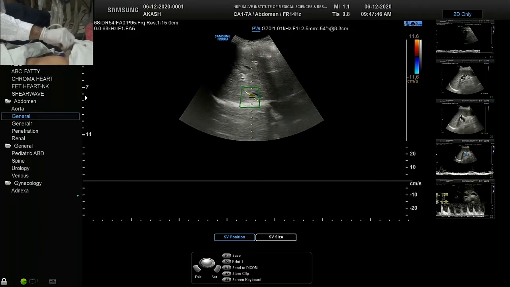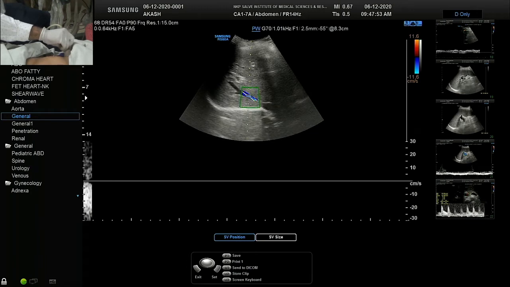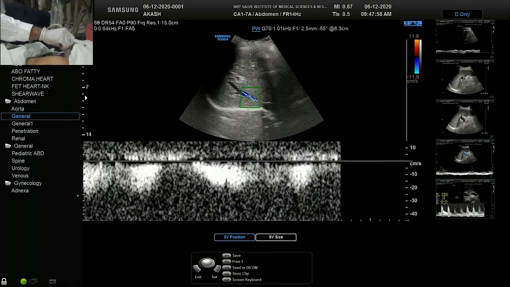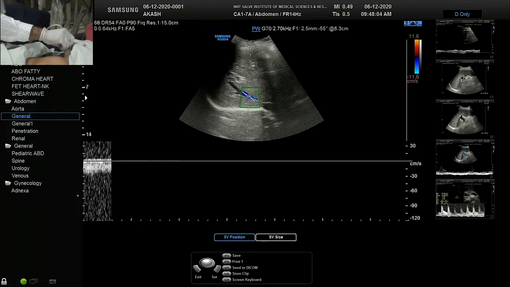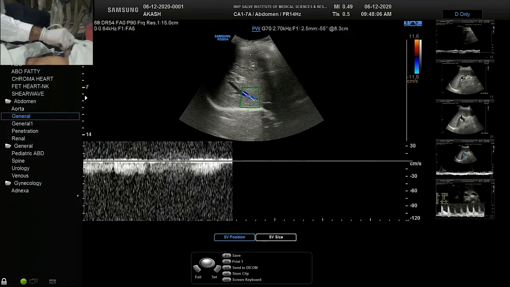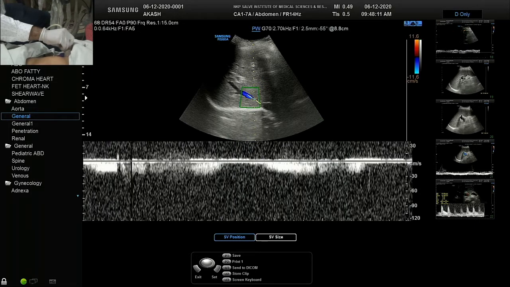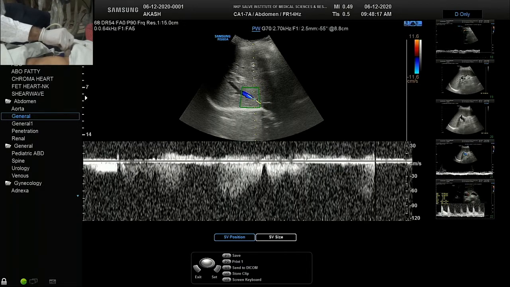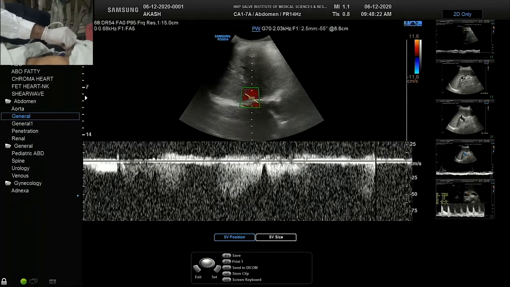You do all angle correction, all sample volume, everything you set in before putting a spectral Doppler. We'll check it again.